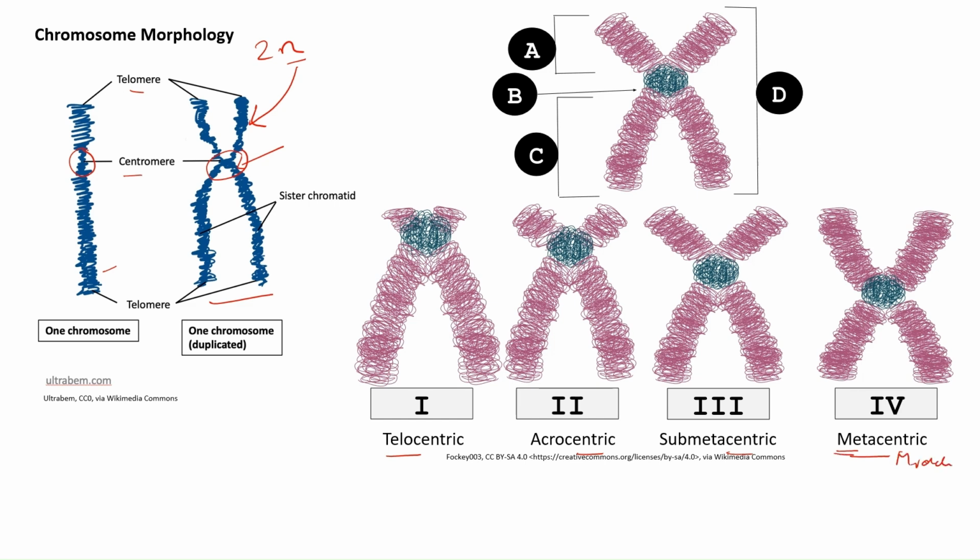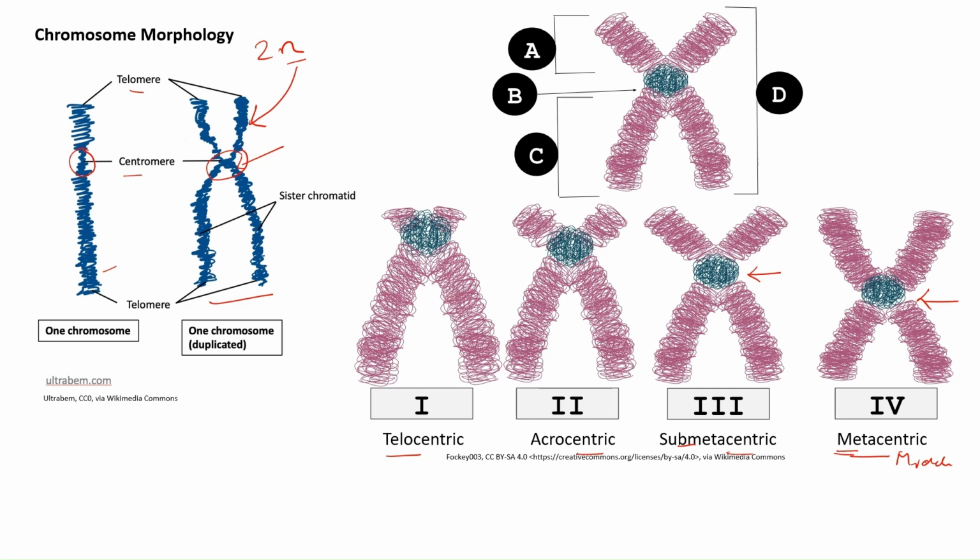So when the centromere is present at the middle of the chromosome, we call it metacentric. What is submeta? Not exactly at the middle, but shifted from the middle position towards the end. Correct? But still it is in the middle, though not exactly. It is shifted slightly towards the end.